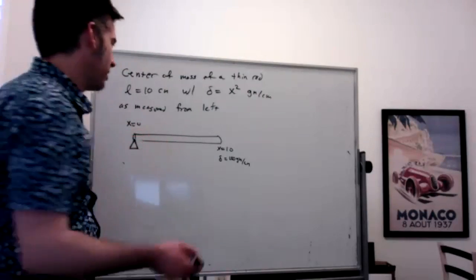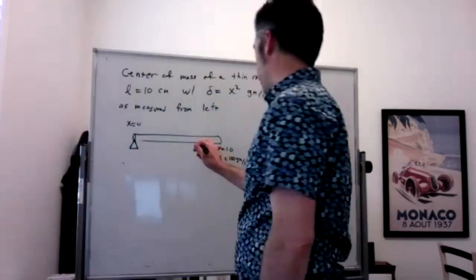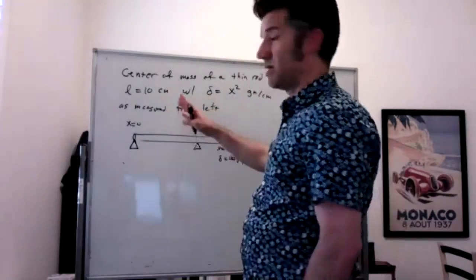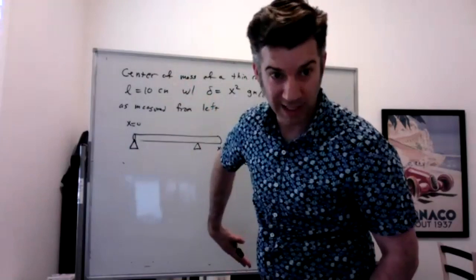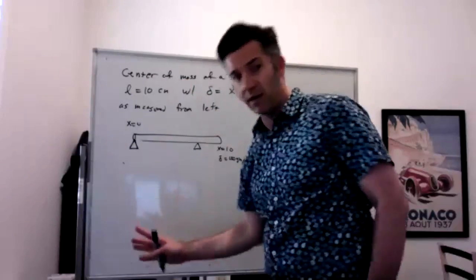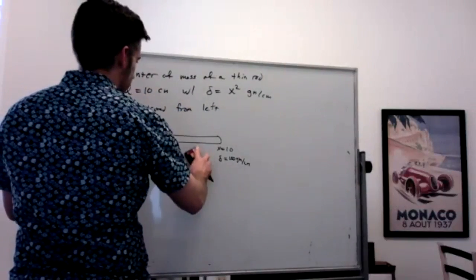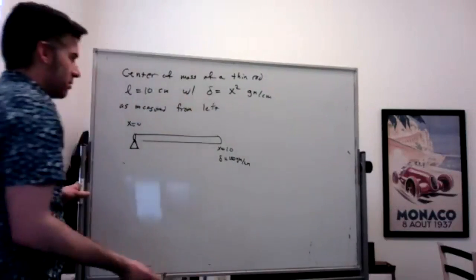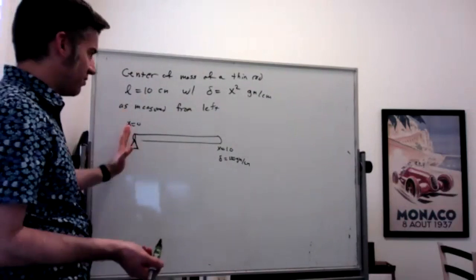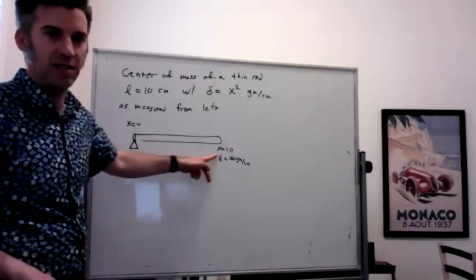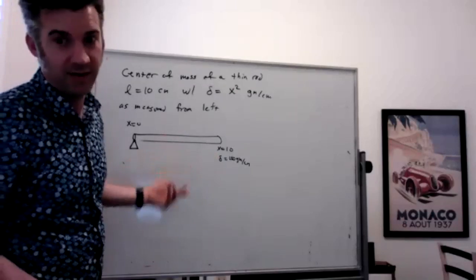On the other hand, if the fulcrum was right here, the thing would probably swing that way. If it swings that way, your moment is negative. If it swings that way, your moment is positive. But I want the moment to be positive so that my center of mass ends up being a positive number somewhere between 0 and 10.